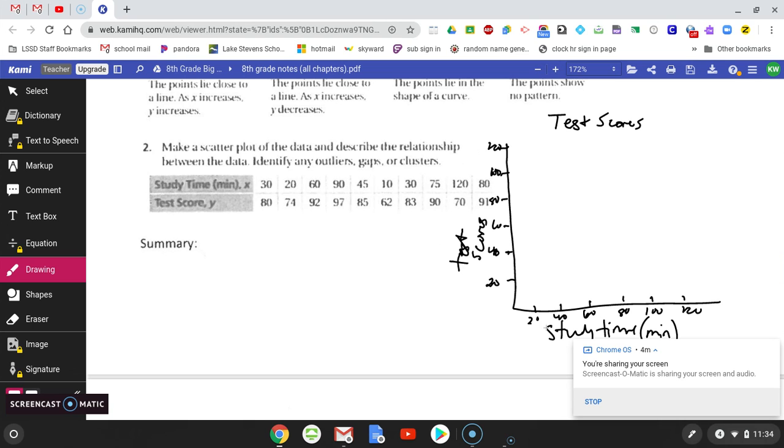So the first one is at 30, 80. So I'll go right 30 and up to about 80 and put a point. The next one's at 20, 74, so up 20, maybe around there. Next one's 60, 92, so right 60 up to about 92. Then I have 90, 97.